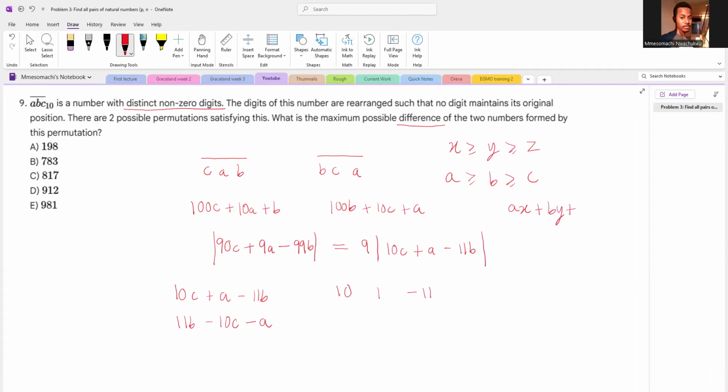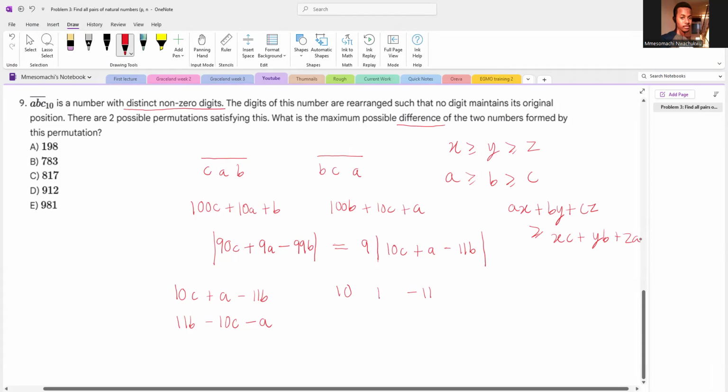I'm just stating a special case of the rearrangement inequality. This is greater than any other way you can pair it. For instance, XC plus YB plus ZA is greater than any other possibility.